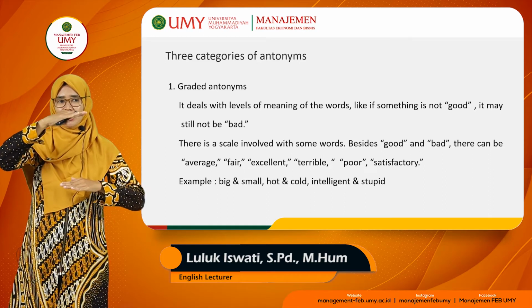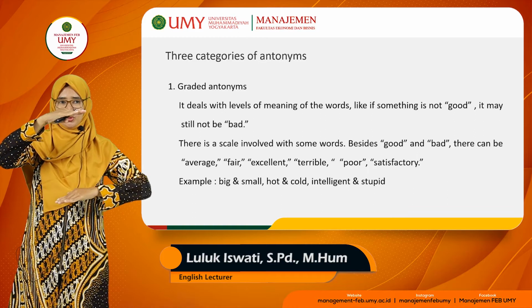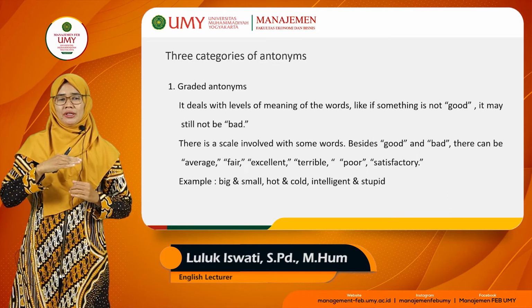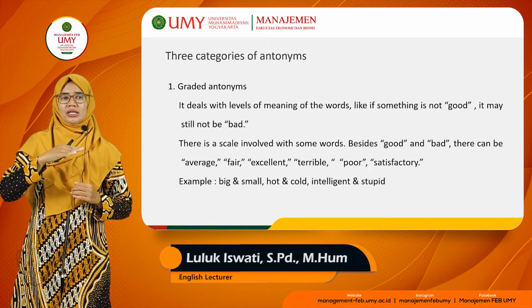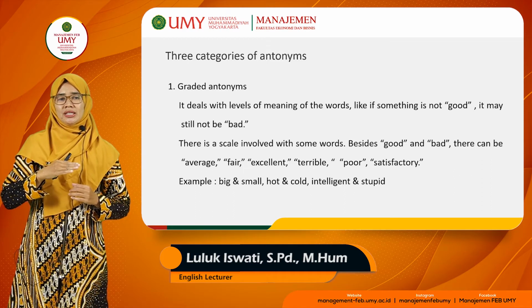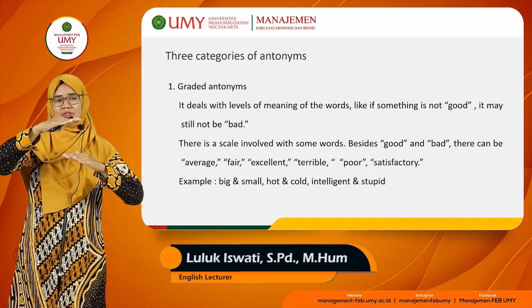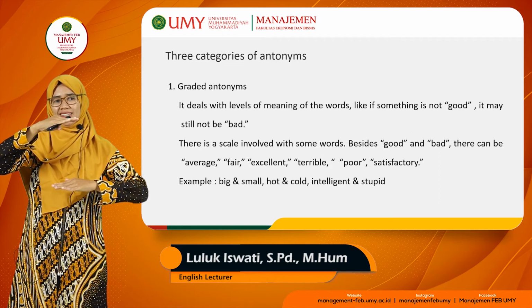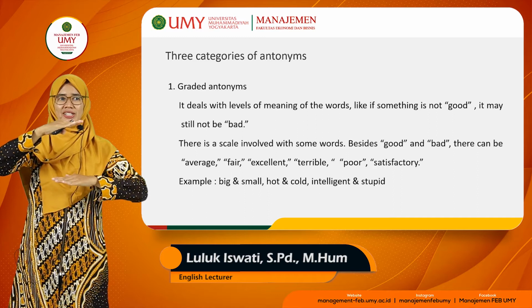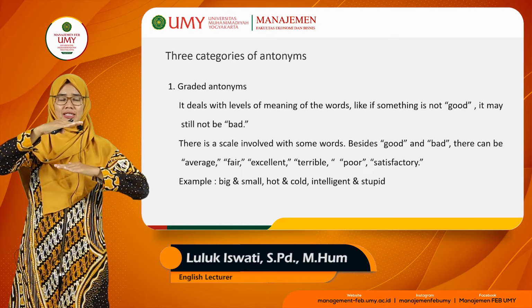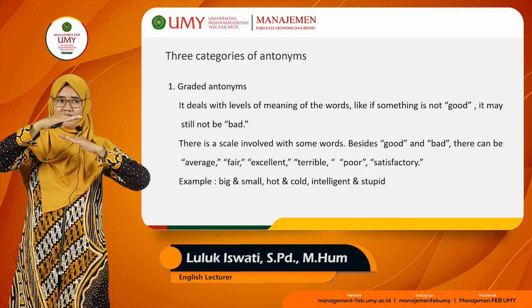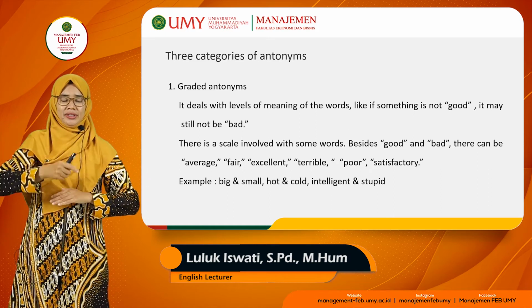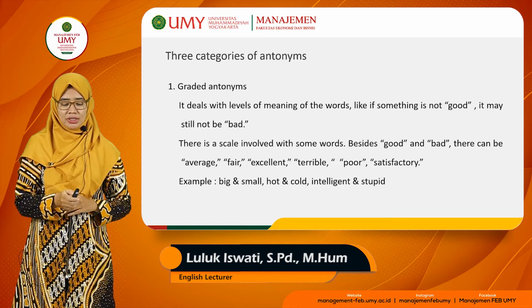So there is a level: hot, warm, cold. And then intelligent and stupid, because someone who is not intelligent doesn't mean that he or she is stupid. So there is something that comes in between intelligent and stupid, right? So this is called graded antonyms. There is a level, there is a grading, a space between the top and the bottom. That's the first.